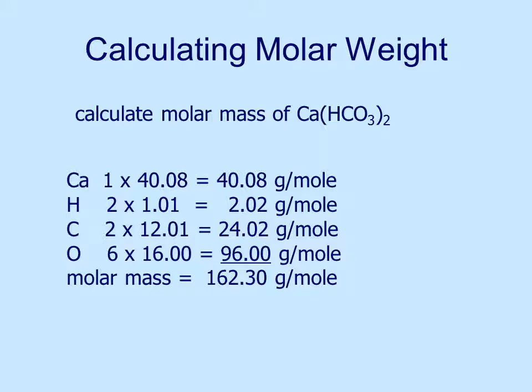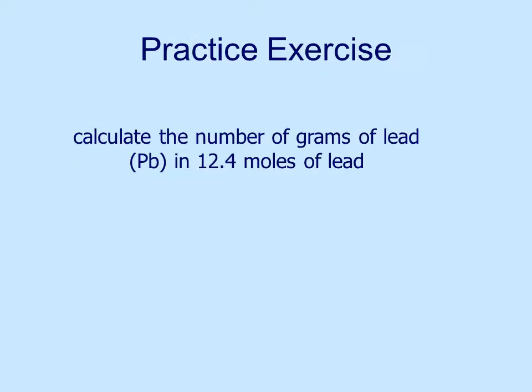Hydrogen, 2 times 1.01 from your periodic table. Carbon, 2 times 12.01. Oxygen, 6 times 16. So you multiply these out, and you get the grams per mole for each atom. You add them up, and the molar mass of the calcium bicarbonate is 162.3 grams per mole. This gives you a good way of checking your answers and making sure that you didn't leave anything out.